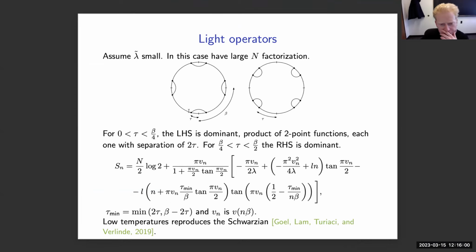The origin of the transition is just that when these two points become closer, the dominant thing is that we don't pair this one with this, but rather this one with this. That's the usual mechanism that resolves the information paradox. When you have operators probing a black hole background, the way the information paradox gets resolved is by this geometric transition.